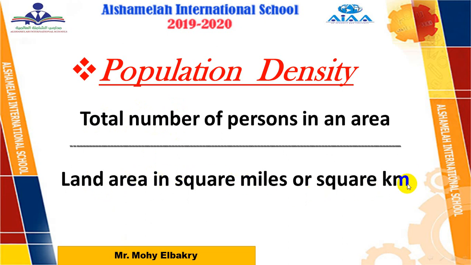So again, how can we calculate it? We divide the total number of persons over the land area. It's easy.